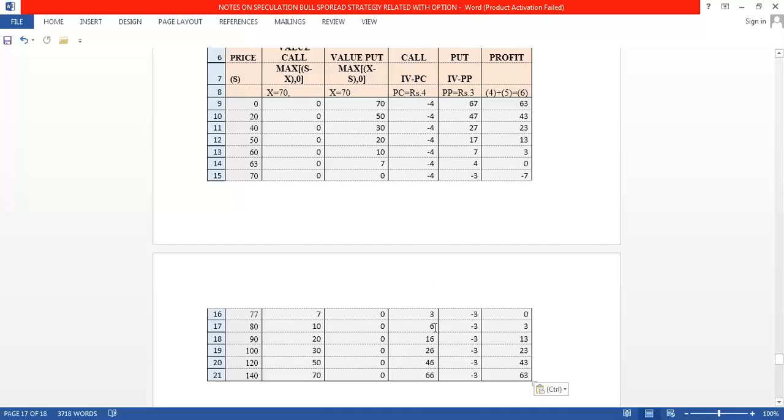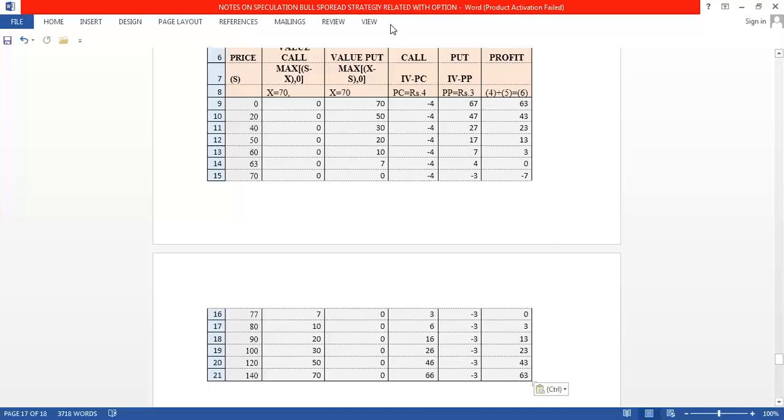In this way, you just see up to 70 we are making a loss up to the premium paid, thereafter we are making profit in call. In put just opposite has happened. If the spot price is below 70, we have made profit, but after that there is a loss of 3. So strategy is the summation of these two. If we add this one and this one, then this is my result.